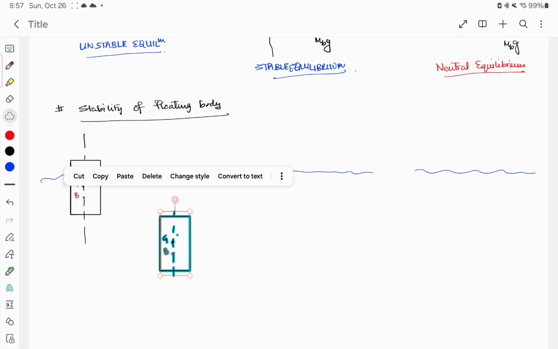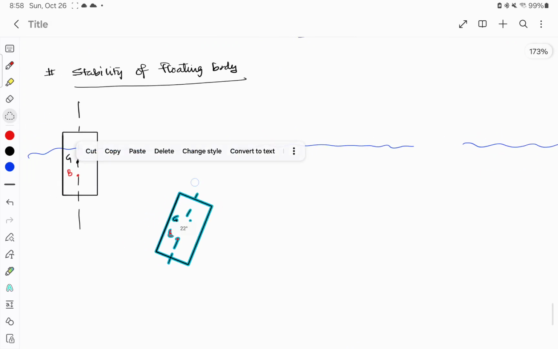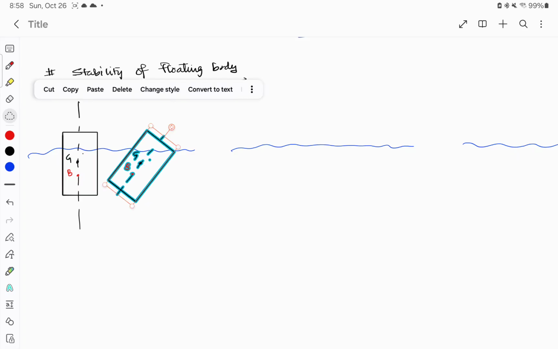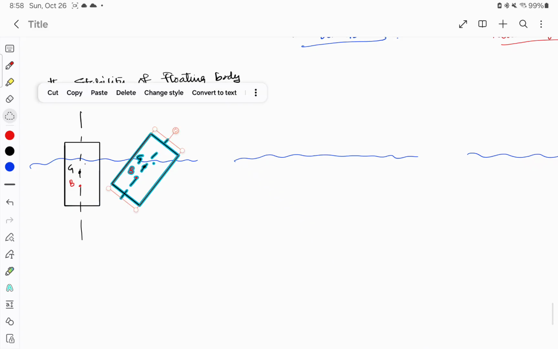So now this is the tilting part. Okay, we can now easily see that the tilting has made the displaced fluid part, means this part.